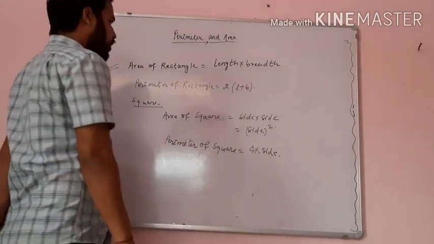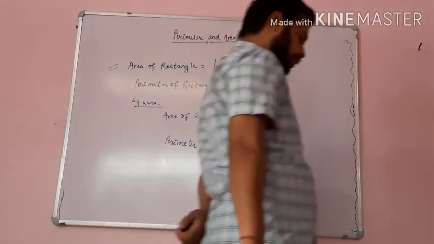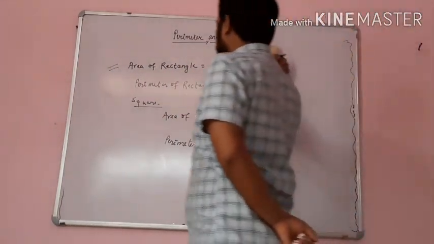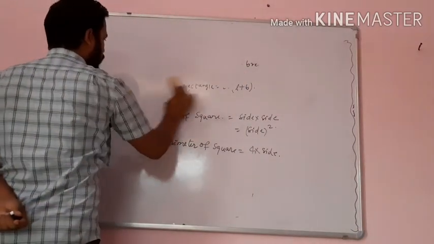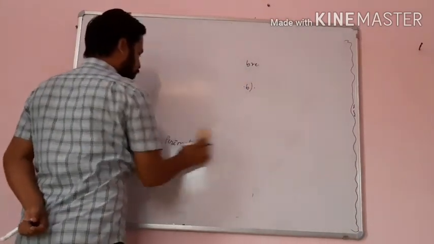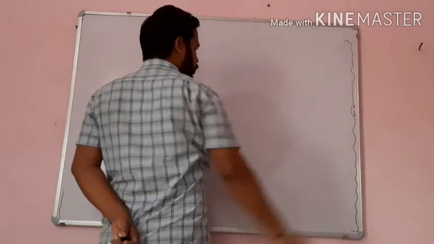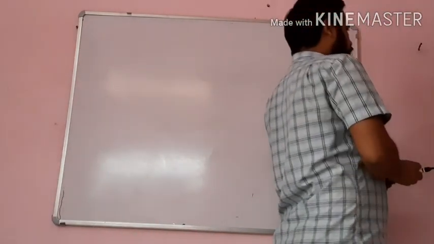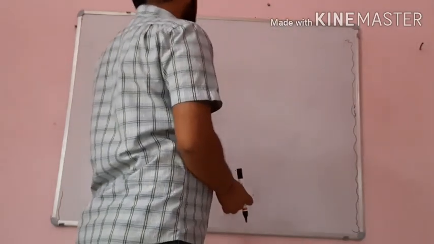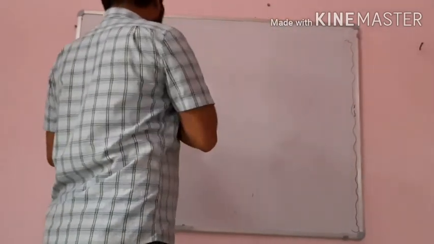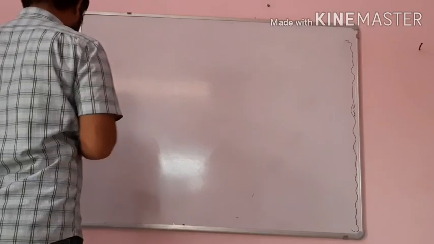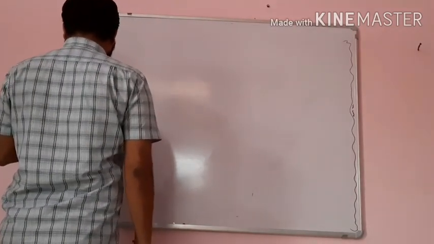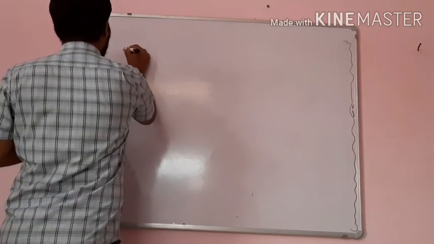Now we will see some questions related to this exercise. First of all, we will solve the example problems given in the book. The first question related to this exercise is example number 30.